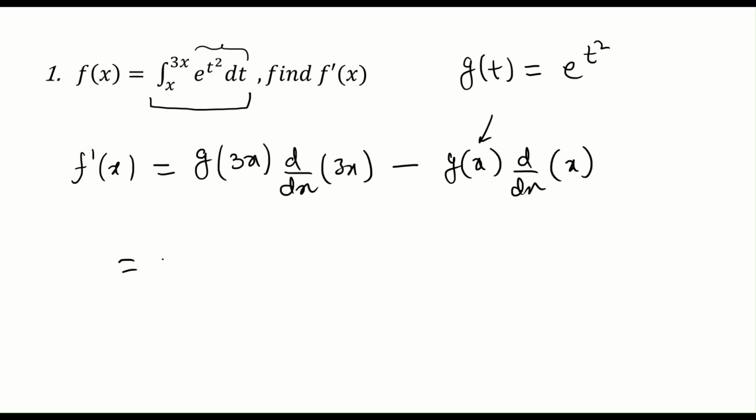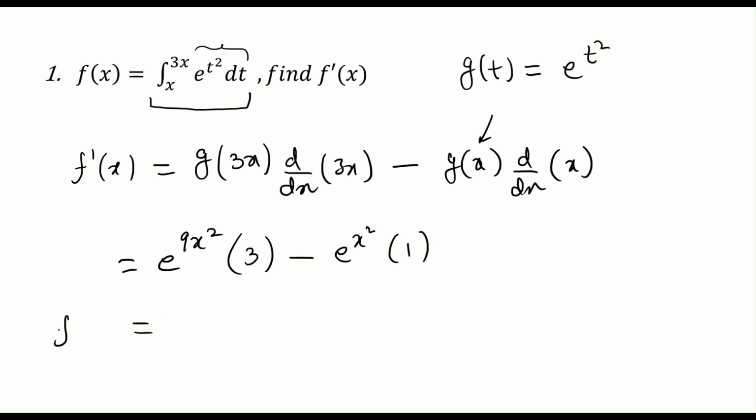G of 3x is going to be e raised to the power (3x) whole squared, that is 9x square, multiplied by the derivative of 3x, which is 3, minus g of x, that is e raised to the power x square, and its derivative is 1.